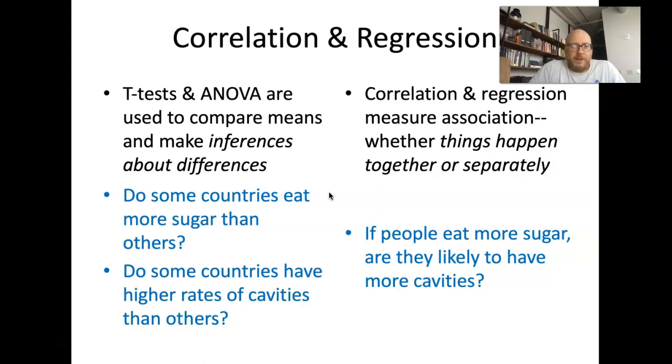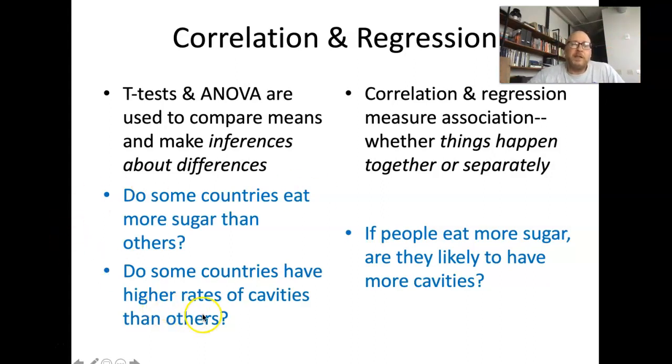So if we go back to that original example with sugar consumption, an example of a question that would be answered by t-tests or ANOVAs would be, do some countries eat more than others? There you can divide things up into groups. So there's a group of maybe North American countries and a group of European countries. And you could do a t-test and say North American countries eat more sugar than European countries or something like that.